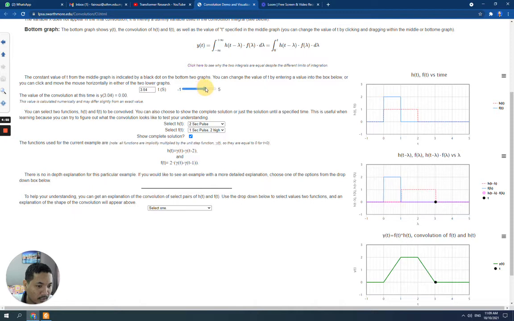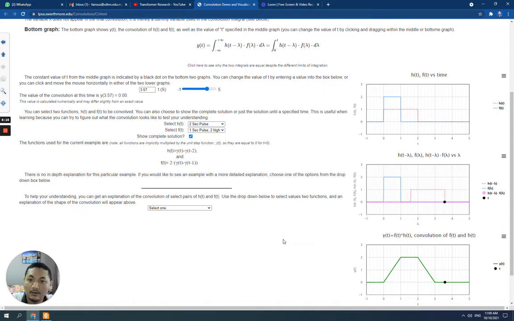And then finally the output is this. So this is the fixed signal, which is the system, and this one is the input, which is moving according to the time. And this is the output of the system.